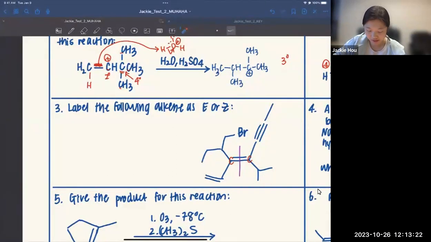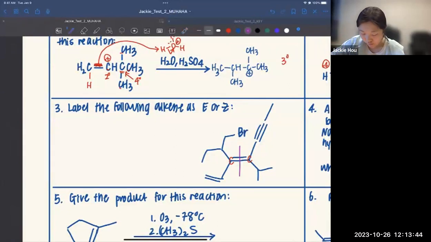And so I have to assign E or Z. If there was a case where I had the same groups over here, but these two groups were different, you would still need to use E and Z because you can assign priority that way. You only need to compare the groups on the one side that's attached to the sp2 carbon.